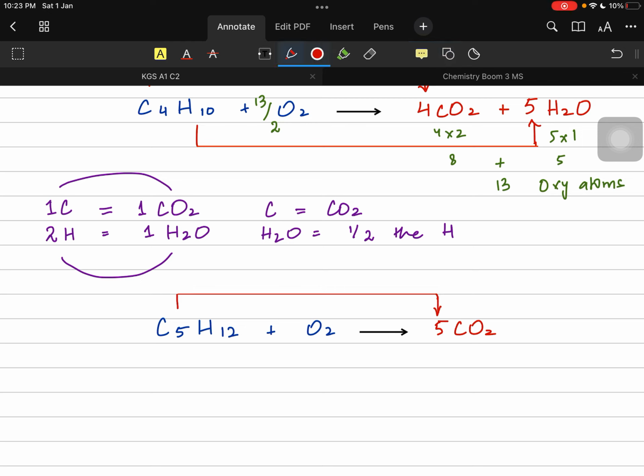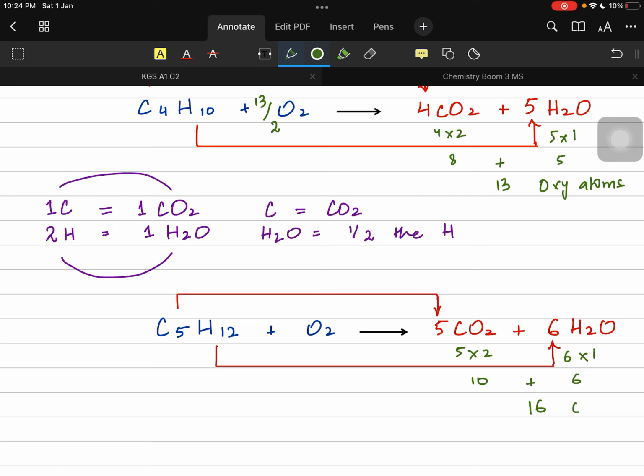Apart from that, I have 12 hydrogen atoms. So 12 hydrogen atoms will give me half the water molecules, which is 6. So I will get only 6 water molecules. 12 hydrogens give me 6 water molecules. Let's count the number of oxygens over here, guys. 5 2s are 10 and 6 1s are 6. 6 plus 10 is 16.